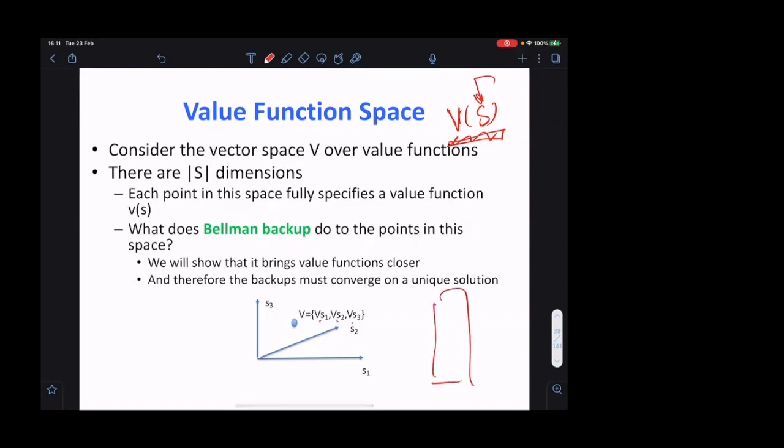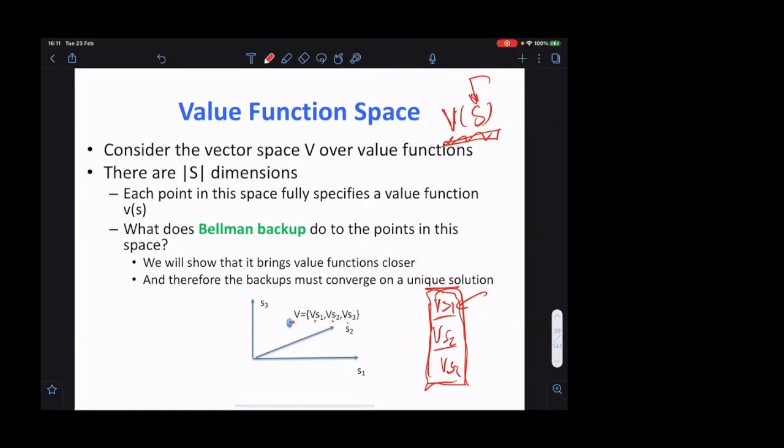If you write it as a table, you have V(S1), V(S2), V(S3). This is basically a three-dimensional vector, and therefore can be represented as a point in this three-dimensional space. Each value function would be one point in that vector space.